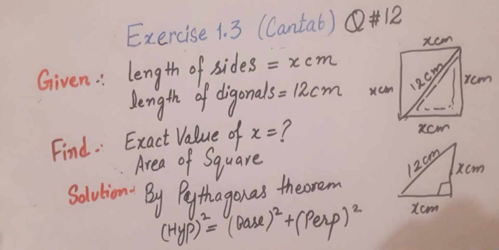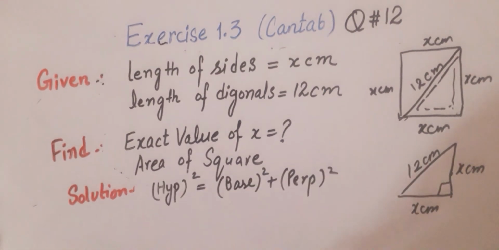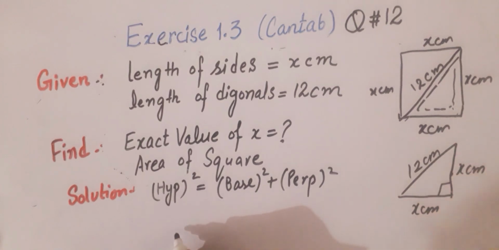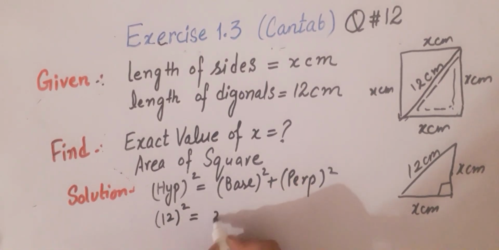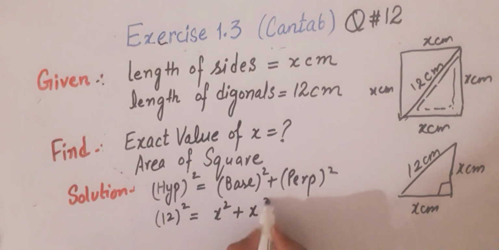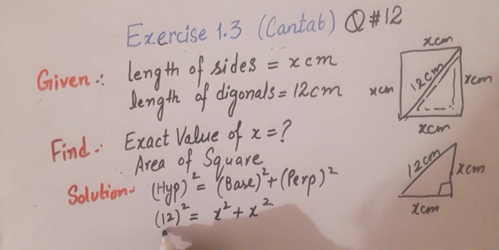So what is the base? Base is x centimeter and perpendicular is also x centimeter and hypotenuse is 12 centimeter. We will put all the values in this equation. So 12 square is equal to x square plus x square. 12 square is 144 and x square plus x square is 2x square.